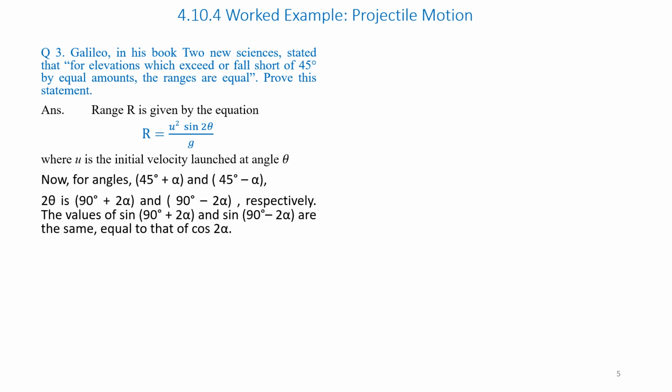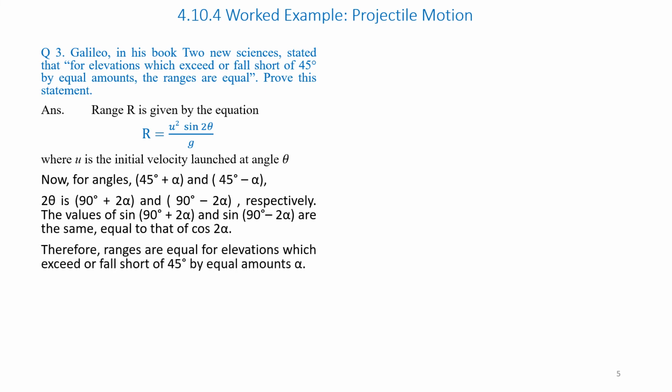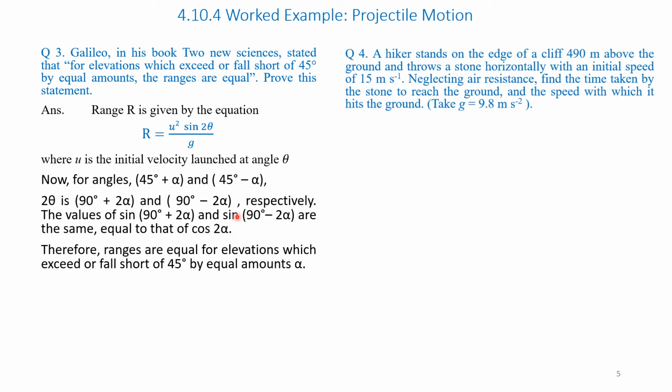The values of sin 90 plus 2 alpha and sin 90 minus 2 alpha are the same, equal to that of cos 2 alpha. Therefore, ranges are equal for elevations which exceed or fall short of 45 degrees by equal amounts. Next question.